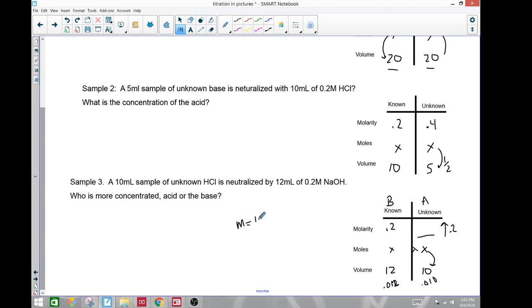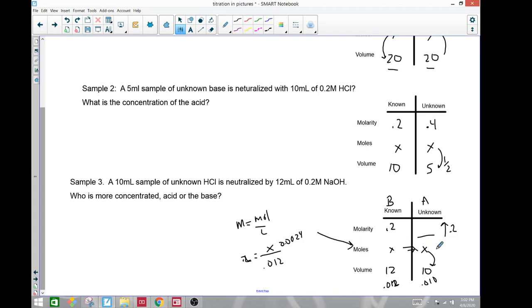Molarity equals moles per liter. 0.2 equals moles over 0.012, solve for the moles. 0.2 times 0.012 equals 0.0024. And that is going to be my number of moles.